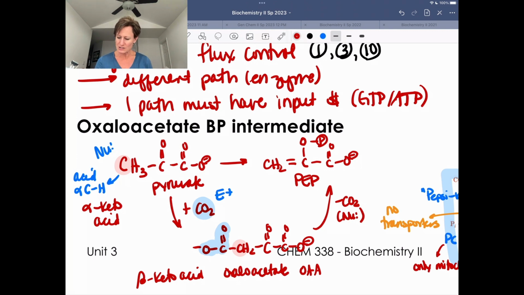So what we're going to do then is take GTP, and that's going to provide the phosphate that we're going to have here. So we're going to have nucleophilic attack on GTP, on that gamma phosphate of GTP. We're going to look at that structurally in just a little bit. And that is how we ultimately add that phosphate up on top.